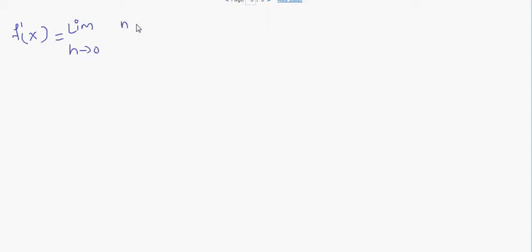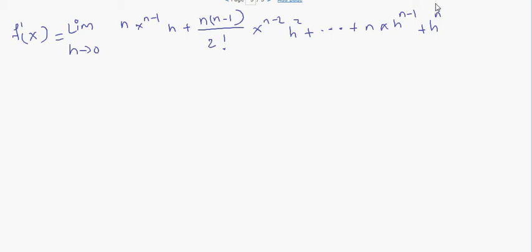You would have n x to the power n minus 1 h plus n times n minus 1 divided by factorial 2, x to the power n minus 2 h squared, plus so on, plus n x h to the power n minus 1 plus h to the power n, and all this divided by h.